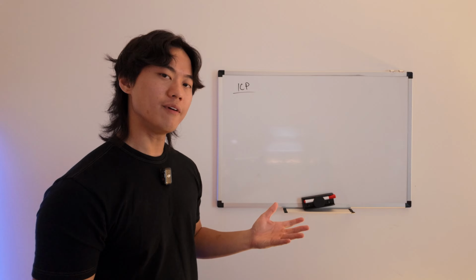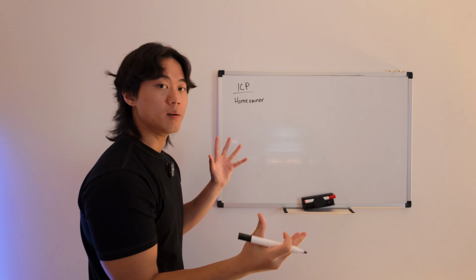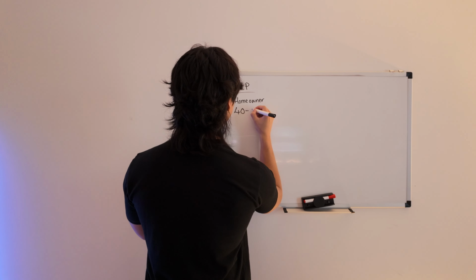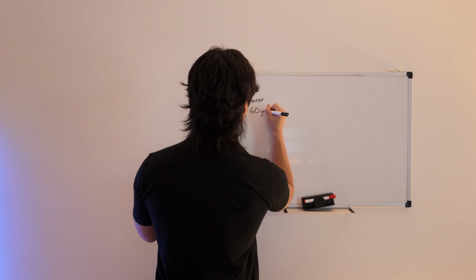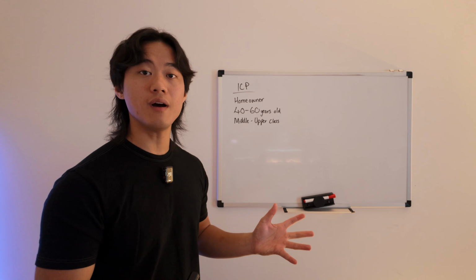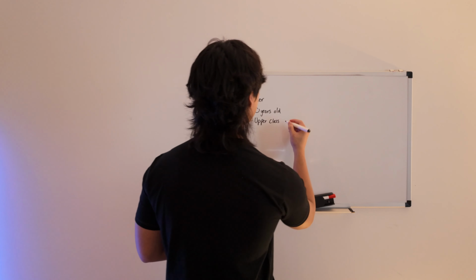So if we sell bathroom renovations, who's the customer going to look like? Homeowner, they own a home. We can assume they'll be around 40 to 60. So yeah, they're probably a part of the middle to upper class section. That's because they have 25, 30, 40, 50 grand to renovate their bathroom.